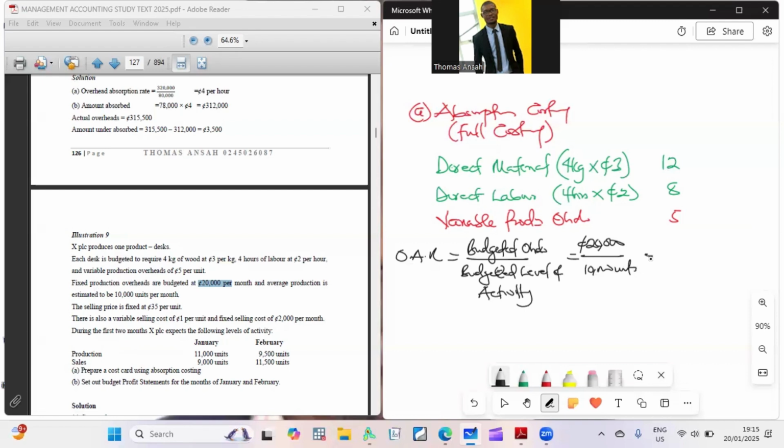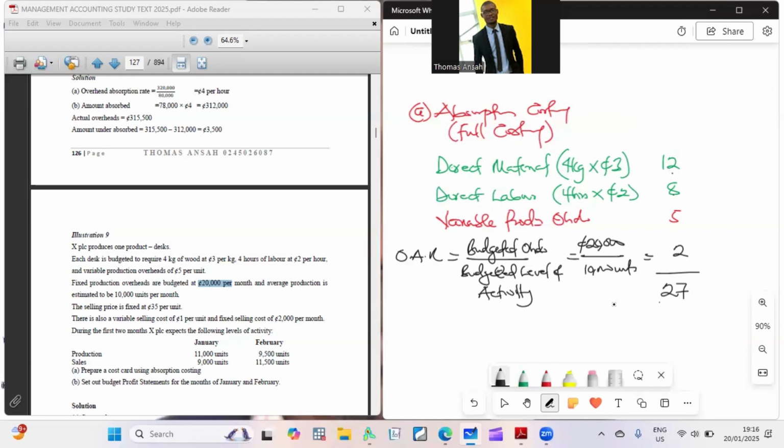So if you divide, you will get 2 cedis per unit. And so when you add everything up, the cost is 27. That is that. So the question said, prepare a cost card using marginal absorption.